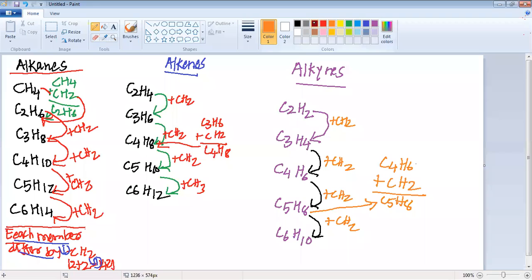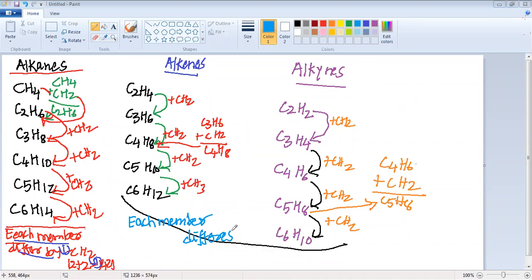So this is how, my dear students, we truly realize that here, even in this two, we can conclude that each member differs by number 1 CH2 and number 2 14U mass.